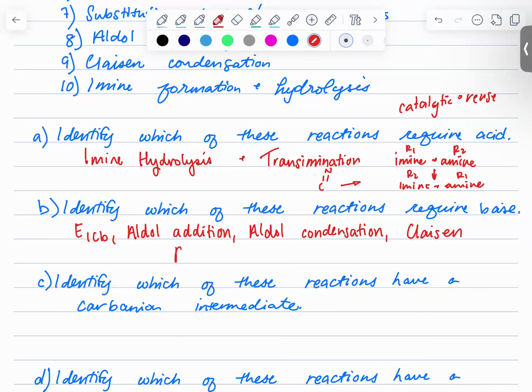Reverse aldol. Any other ones? Cool. Those are all the ones on my list as well. Are there any questions about this? About any of the reactions that are up here?